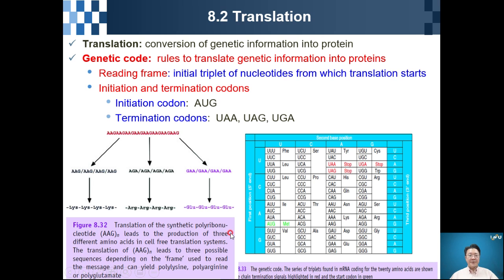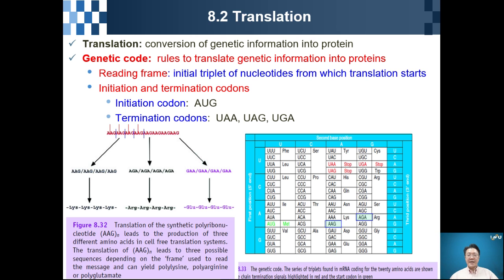The first case is like this. If the reading frame is AAG, AAG, AAG, in this case it will encode lysine, so it will make lysine, lysine, lysine, lysine. The second case is that the reading frame is AGA, AGA, AGA, AGA.